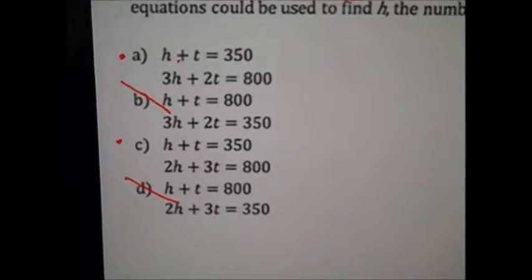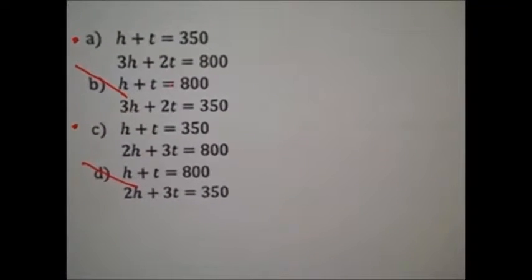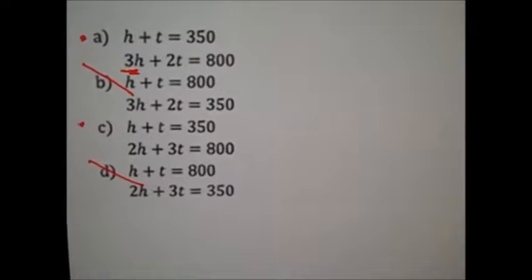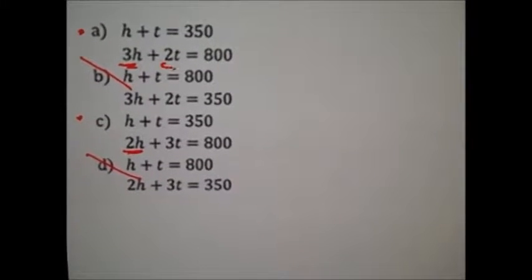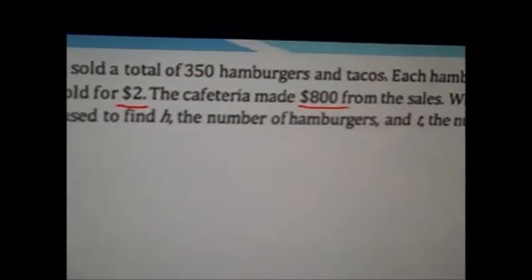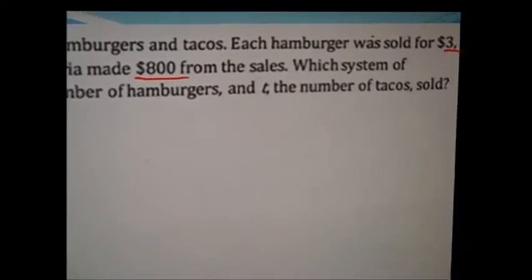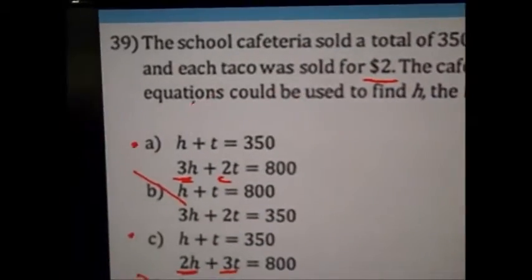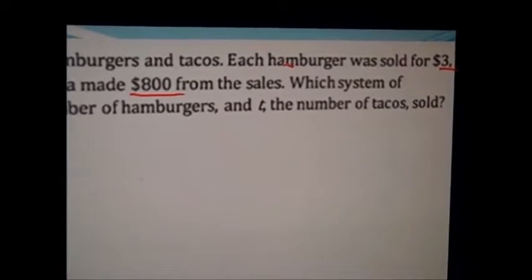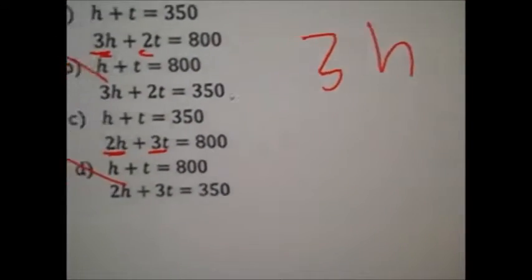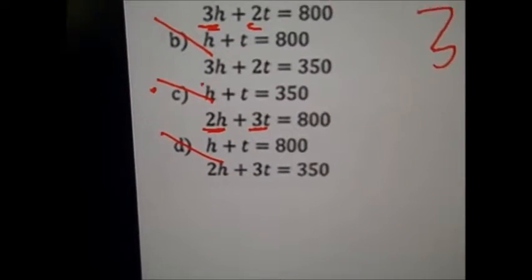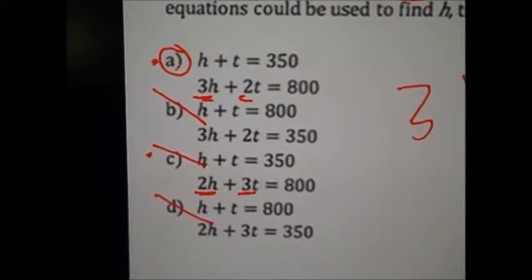So between A and C, the main difference is what number goes in front of H and what number goes in front of T. If we remember in the problem, it was $3 for each hamburger. That means 3 should go with H, not 2. That means A is the best answer.